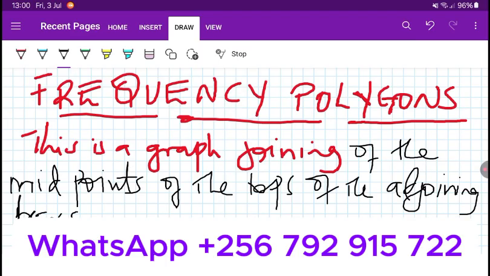We add them, then we divide the answer by 2. It's like we are just getting the average point.